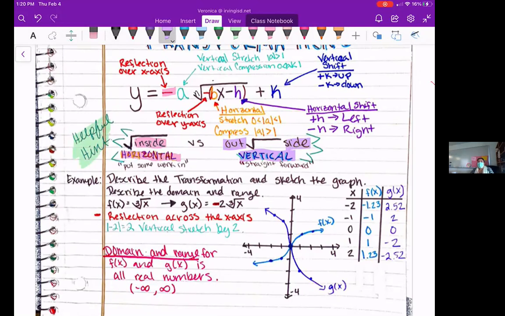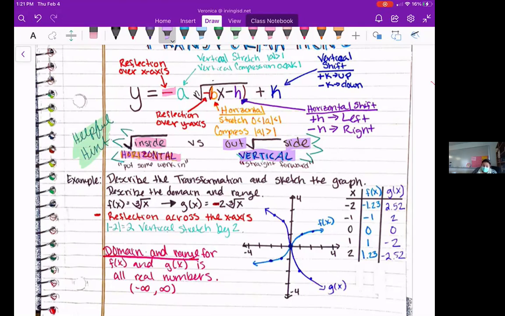Okay, so the example that I did for you all the way was describing the transformation of the cube root. We have the parent function of the cube root, and then we convert it to g of x equals -2 times the cube root of x. The first thing we see is that we have a negative on the outside, so that's a reflection across the x-axis.